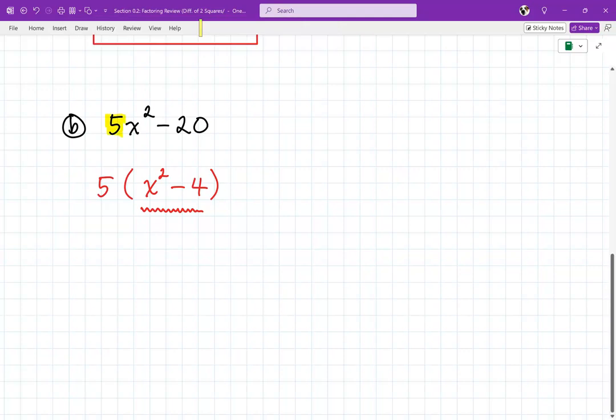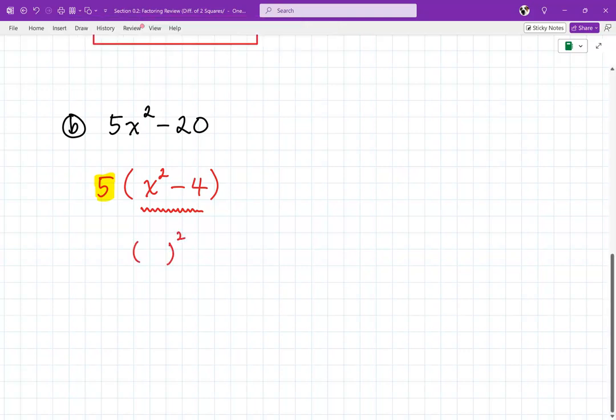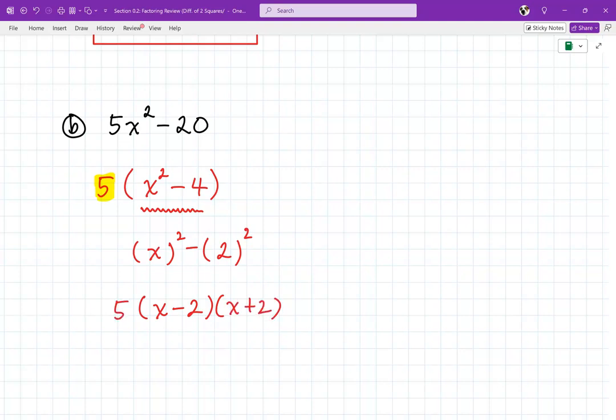For just the squiggly line portion, what squared is 4? 2. And what squared is x squared? Just x. So this would be x minus 2, x plus 2, but don't forget the 5 in the front. That 5 has to drop down. So this would be your answer.